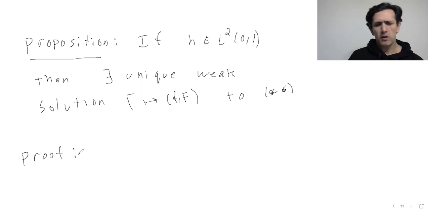the proof is just the Riesz representation theorem, literally. Okay, well, if I claim the proof is the Riesz representation theorem, I need a bounded linear functional. Well, let's define a bounded linear functional as follows.